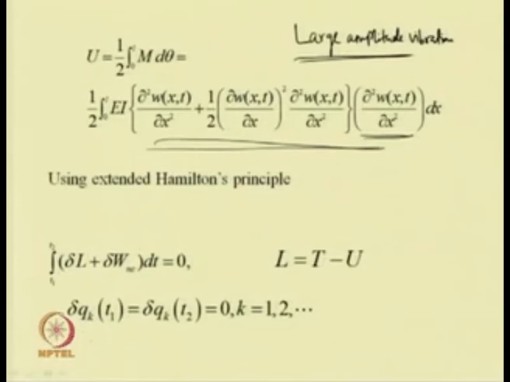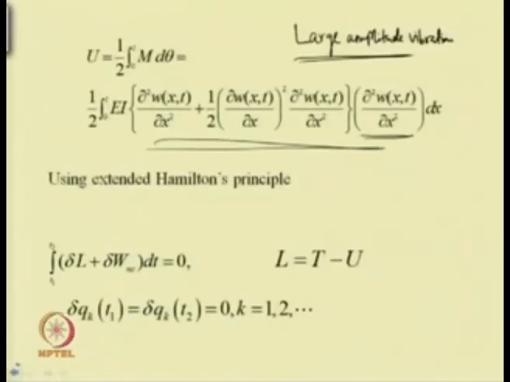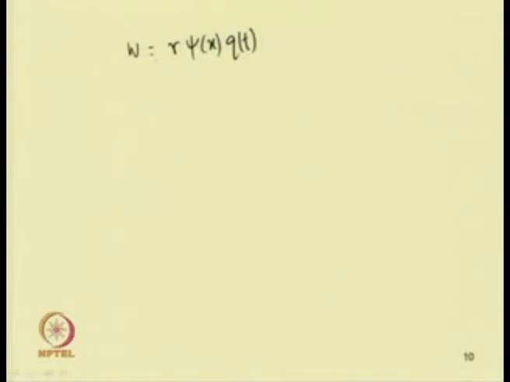Either one can apply the Galerkin principle, or one can apply this equation, W equal to R psi x q t, in the Hamilton principle, or after applying the Hamilton principle and getting the differential equation, one can apply this equation there to find the temporal equation. Both methods will yield the same equation.